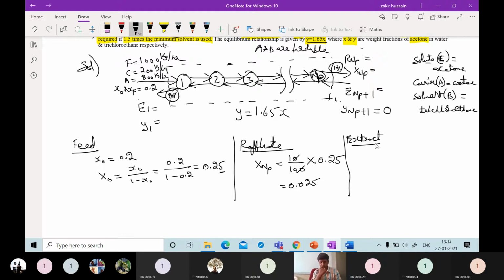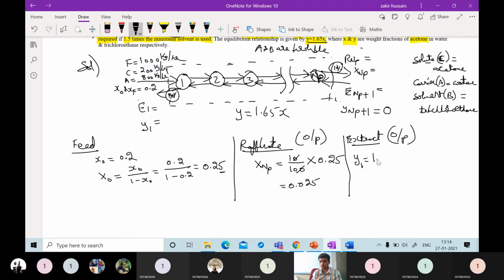Then the next phase is the extract phase. In the extract phase, whatever data points are there, do we know them or not? The extract phase outlet is an output. So here y1 is in equilibrium with x naught, so we can estimate the value of y1.